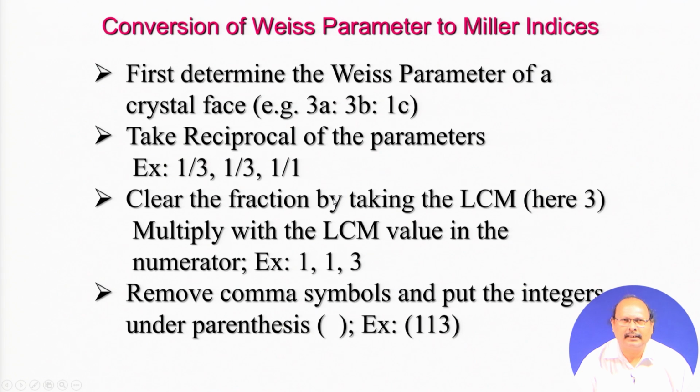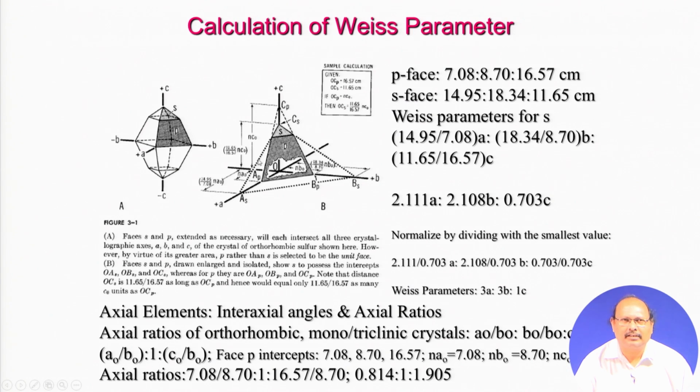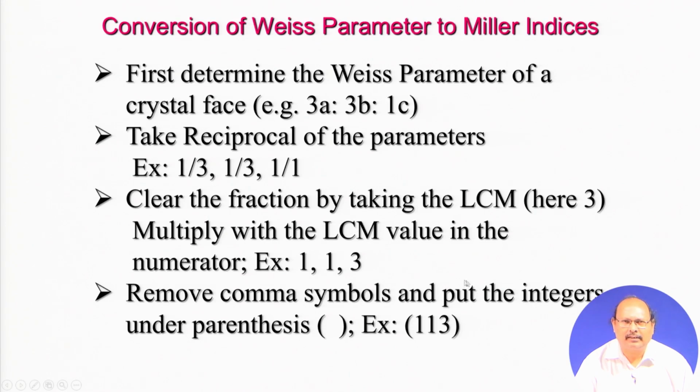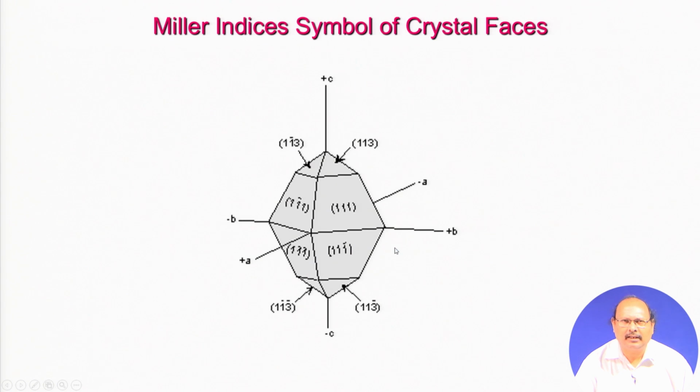If you go back and just see, this is the crystal here. This is the unit phase that we have talked about. That is why this unit phase has this particular symbol 111, and this 113 is what we have converted the Weiss parameter symbol into.